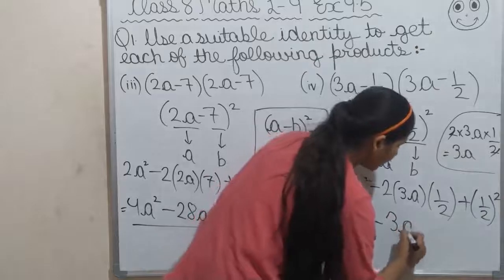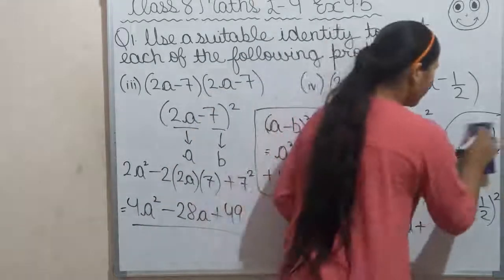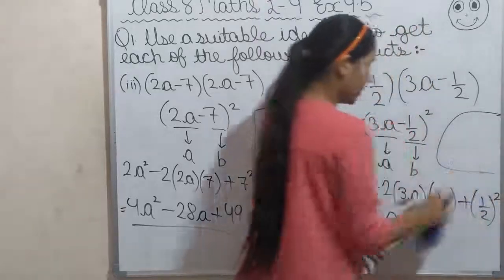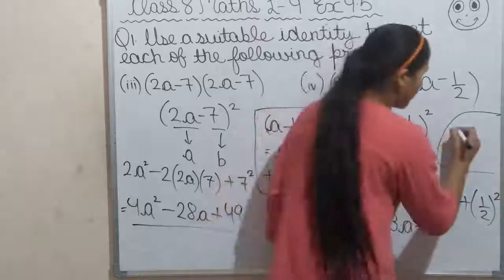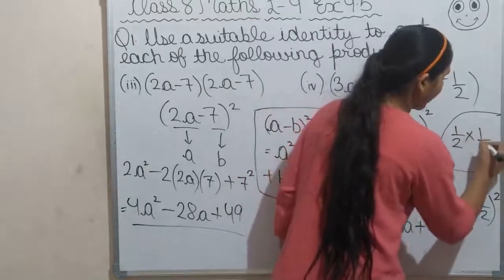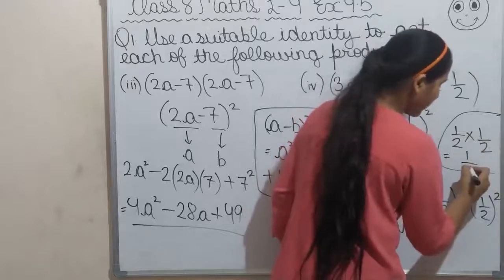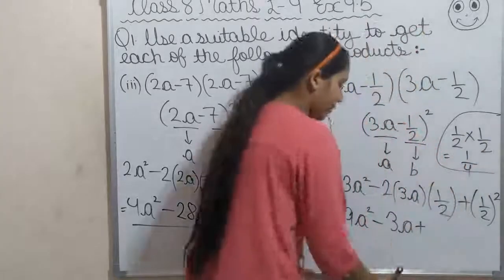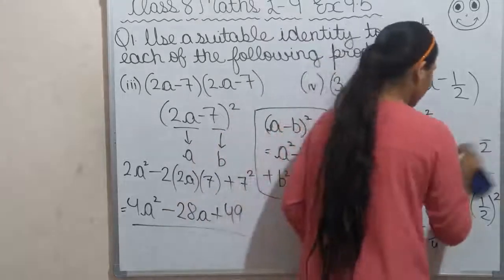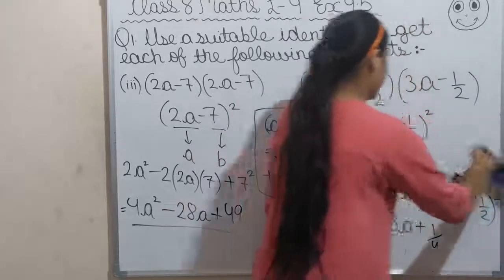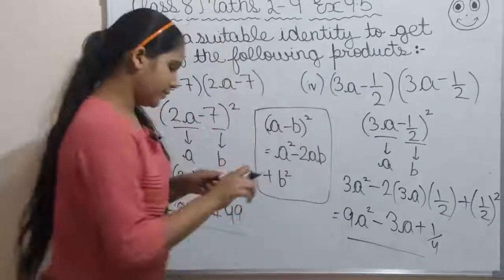So we can write it as 3a, then the plus sign. This (1 by 2) square means you have to multiply 1 by 2 into 1 by 2. So 1 into 1 is 1, 2 into 2 is 4, so 1 by 4. So this is the final answer of this fourth one.